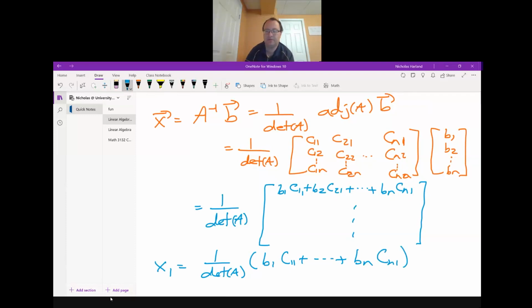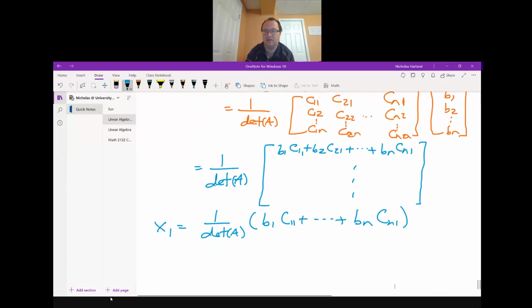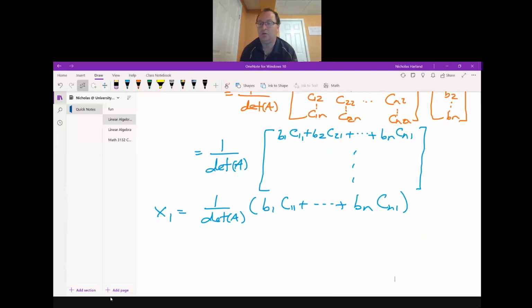Perhaps an interesting question would be, is this the determinant of something? It kind of looks like the determinant of something. Now let's look at the cofactors.